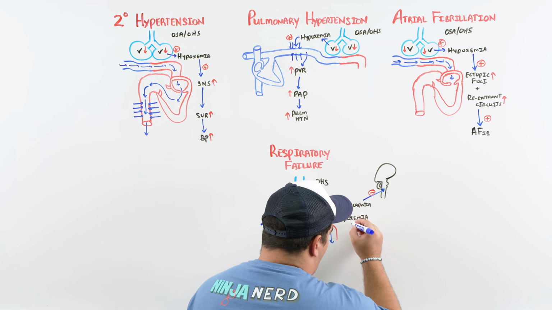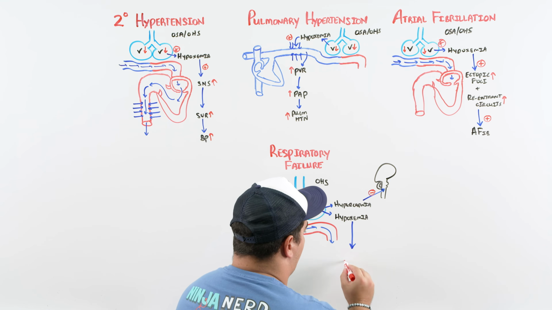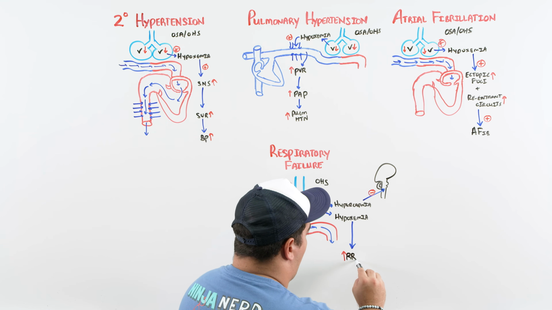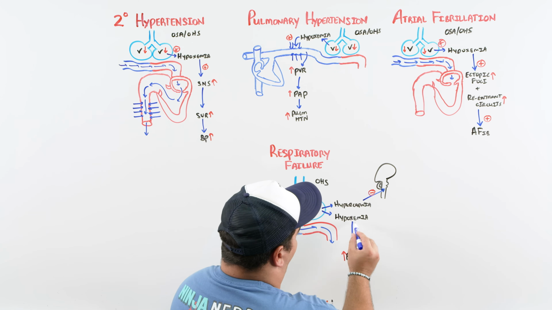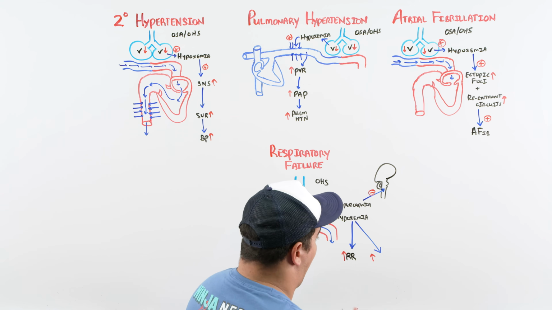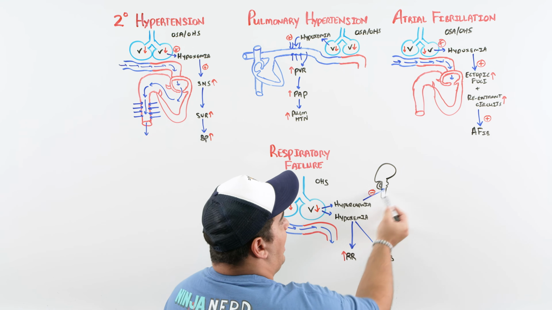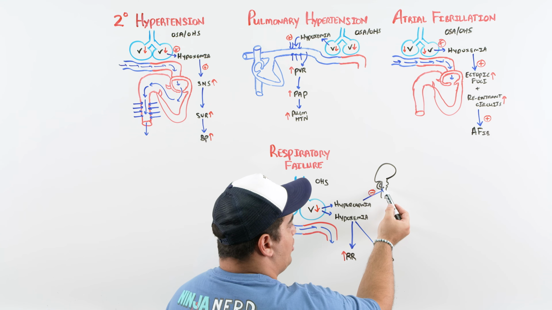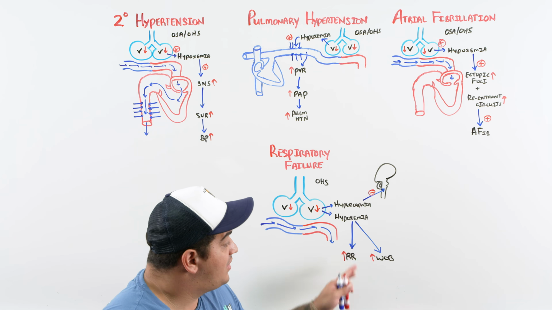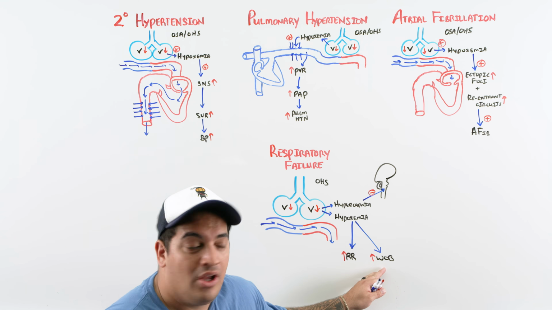Hypoxemia is a very strong stimulus for an increase in your respiratory rate. So it'll try to make you breathe a little bit faster. So these patients' respiratory rates go up a little bit, and their work of breathing may become a little bit more increased. The problem is, though, because of this hypercapnic suppression of the respiratory drive and hypoventilation continuing to occur, they'll still have increased respiratory rates and work of breathing with low tidal volumes.